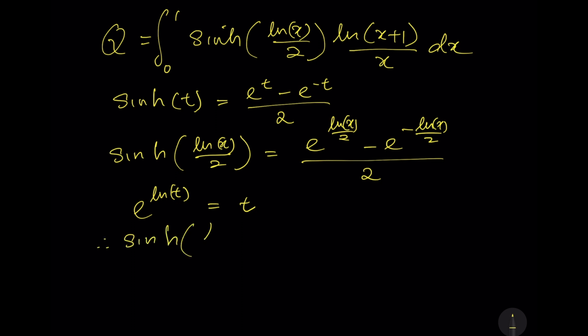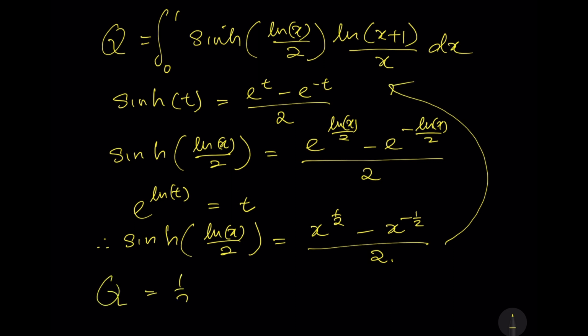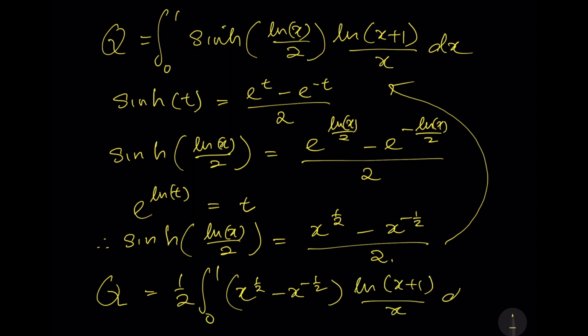Therefore, sinh of natural log x divided by 2 is equal to x power 1 over 2 minus x power negative 1 over 2, divided by 2. Put this back into the original Q, and then we obtain the new Q, now without the sinh function.